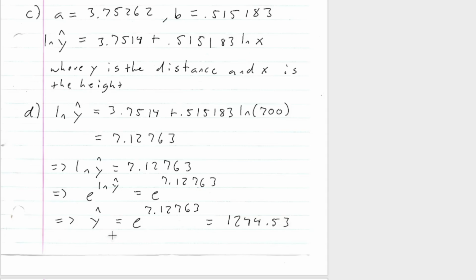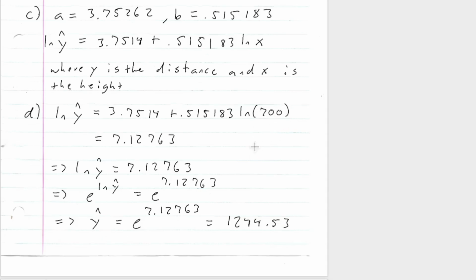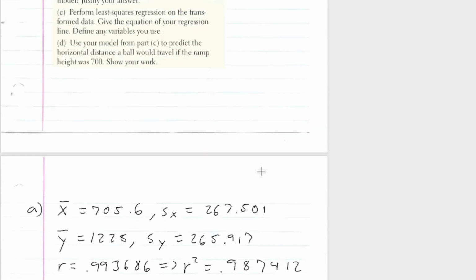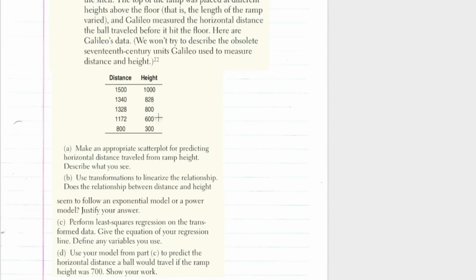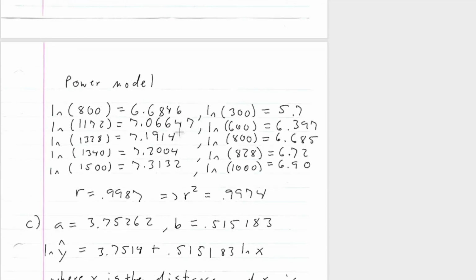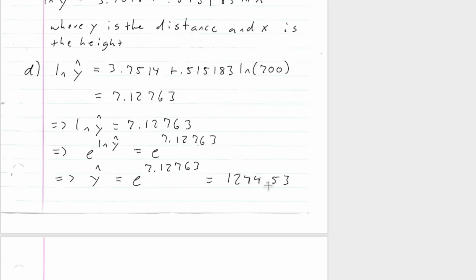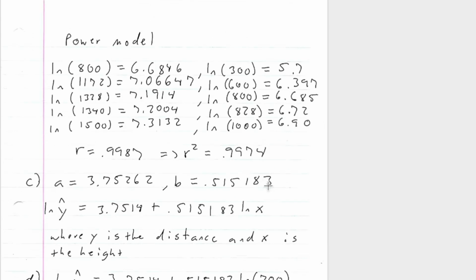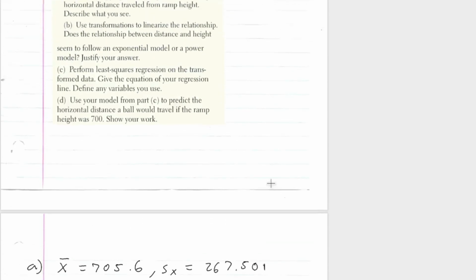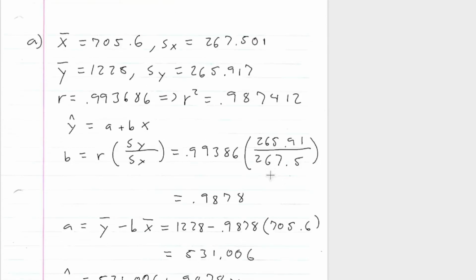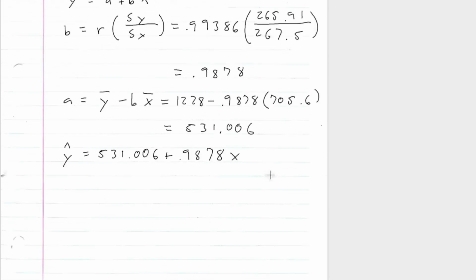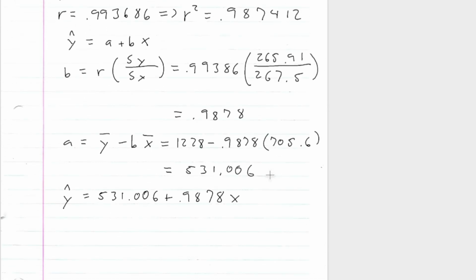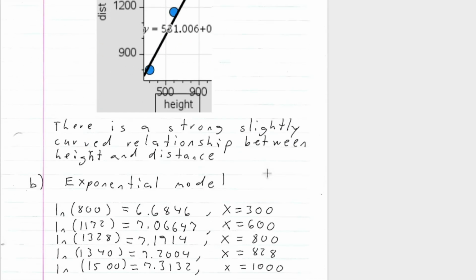So our predicted distance for a height of 700, which is not on this, right, is going to be 1,244.53. And this is how you do these types of problems. You just do a different type of modeling to try to get a better regression line. And once you get a better regression line, you can do more thorough analysis.